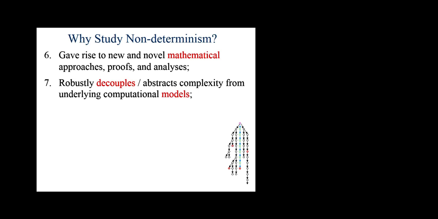So when you study non-determinism, it allows you to decouple problems from the actual platforms that we implement to solve them, like whether it's an iPhone of one type or another, or a tablet, or a PC, or a laptop, or some other computation device. It makes them all equivalent, at least abstractly or theoretically, and then you can address all of them simultaneously with respect to their properties, what they can and cannot do, how fast they can do certain things, whether it's polynomial time or exponential time, or within polynomial time, is it linear time or quadratic time or n log n time, like sorting.